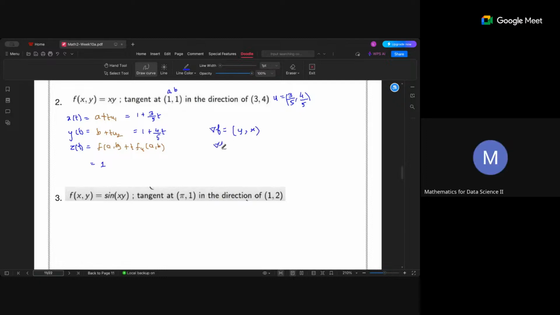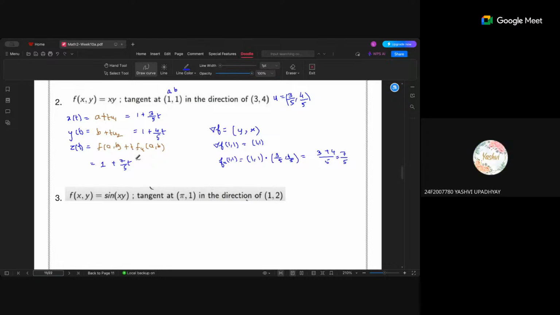So del f at 1 comma 1 is 1 comma 1. So fu at 1 comma 1 is 1 comma 1 dot 3 by 5 comma 4 by 5. So 3 plus 4 by 5, 7 by 5, correct? So 7 by 5t.